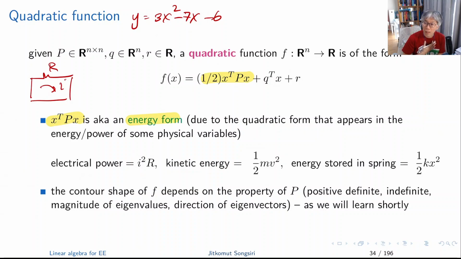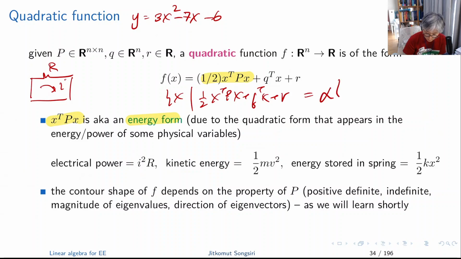When we analyze the quadratic function, we also look at the contour shape or the level set. What we mean is: what are the values of x for which my function is a constant? This constant is called a level.